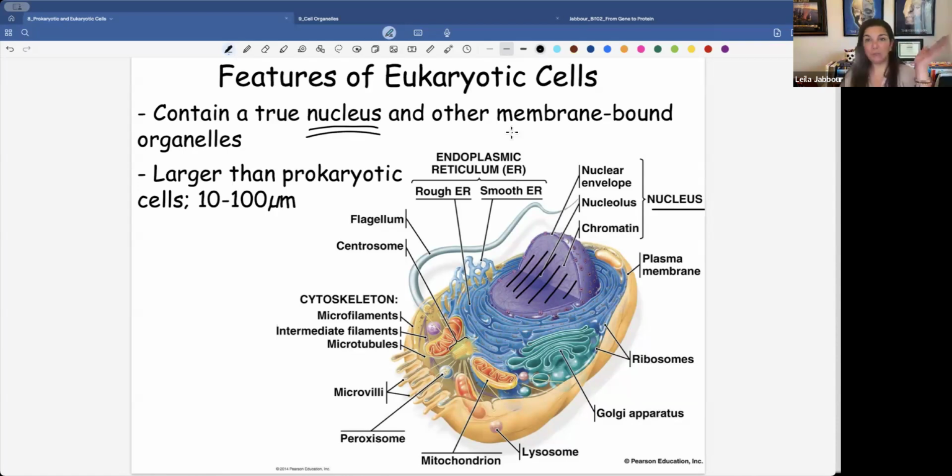There's a membrane that determines the edge of that organelle, and it has the same composition as the cell membrane on the outer edge of the cell. So technically it's the same kind of membrane, but it can have a different name. For example, in the nucleus, we call it the nuclear envelope, but it's really a membrane, just like the plasma membrane is a membrane.